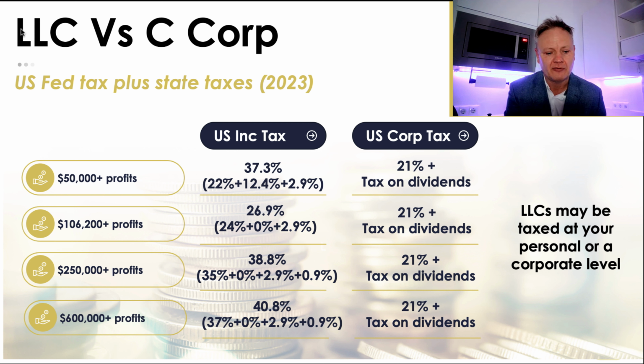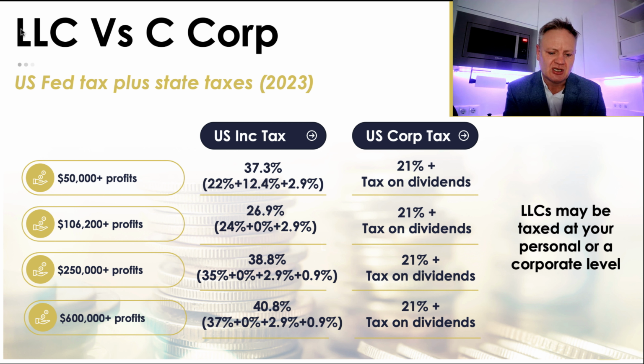Income tax level goes up again. If you have profits over $250,000, then you can see that the income tax level really jumps up to 35%. So that's quite significant now. You might want to start using a corporate tax structure and then take out dividends up to a sensible level and keep the money in the company to reinvest.